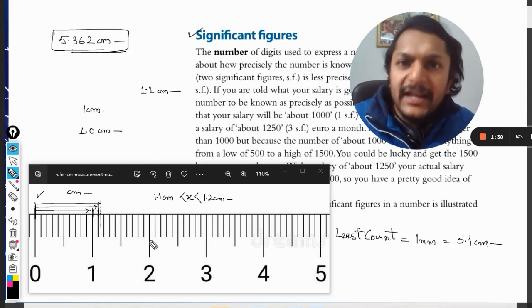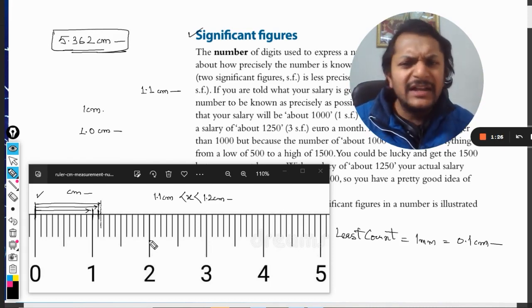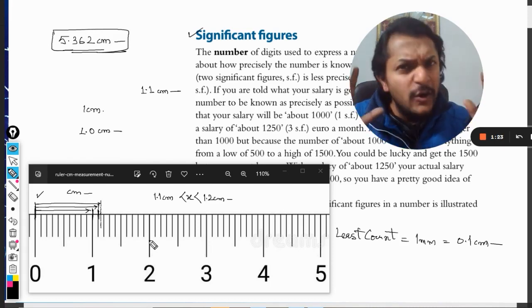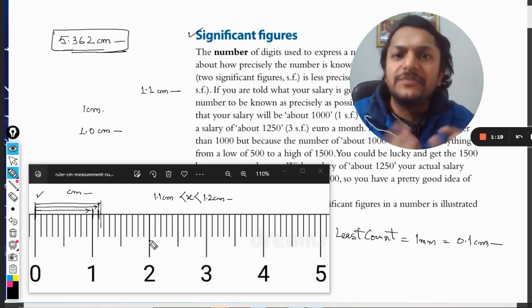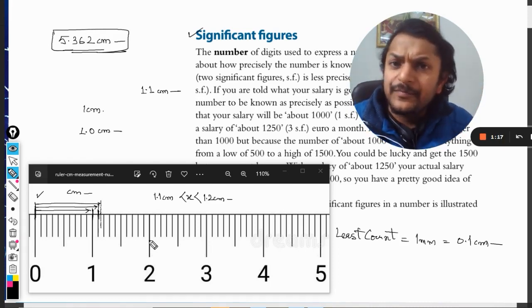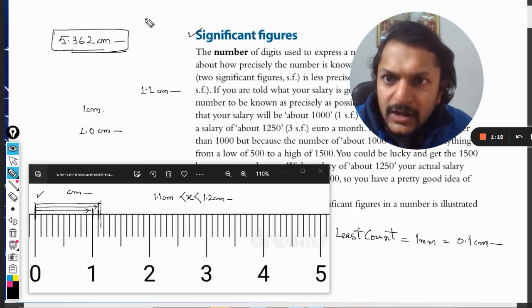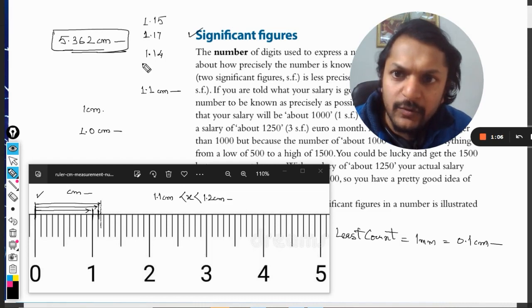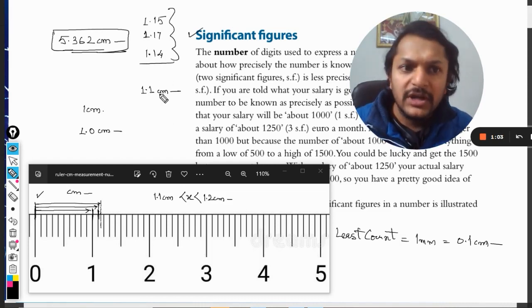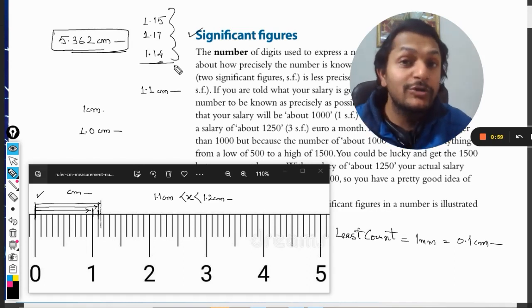As per the scale provided to me, I will say I think the value is 1.1 centimeter, and I will go with it because the rest of the value is very small, so we can neglect it. But that is not the right way. The value can be 1.15, it can be 1.17, it can be 1.14, but I am not sure about it. It means I am not sure about the last digit.